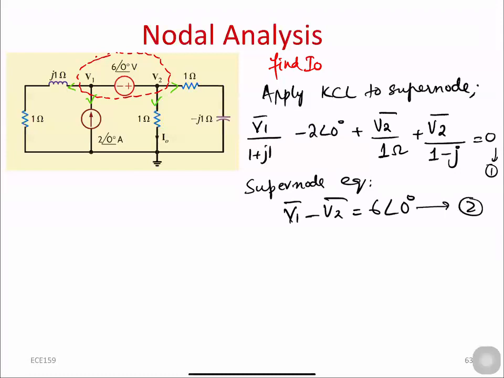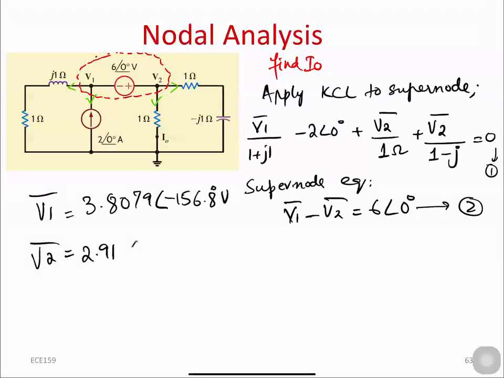We can solve simply two simultaneous equations to find out what is V1 and what is V2. And when you solve this one, you will get to this answer, which I'm directly putting here for you to solve and verify.